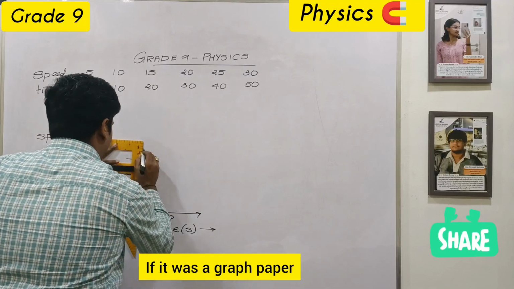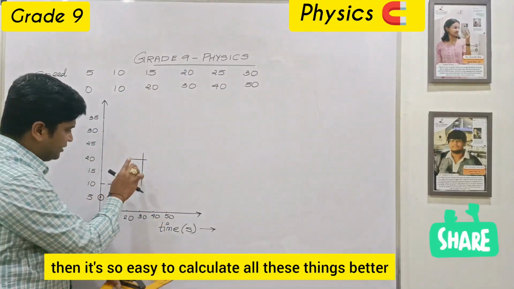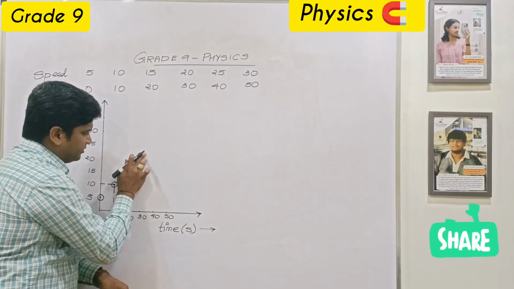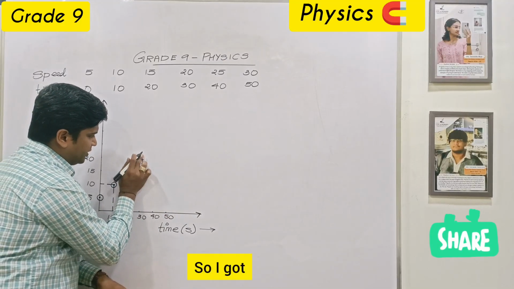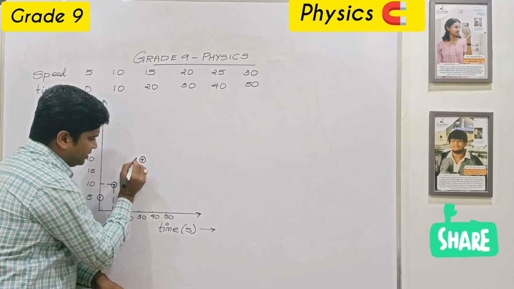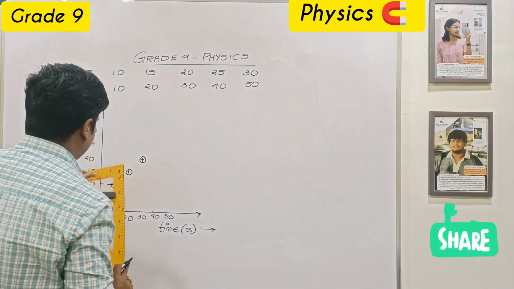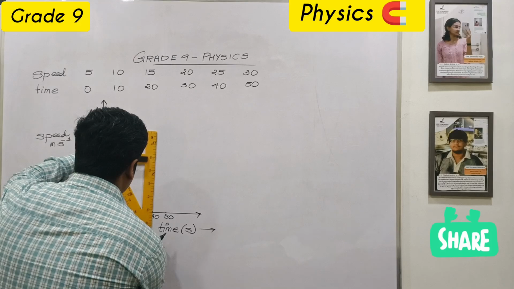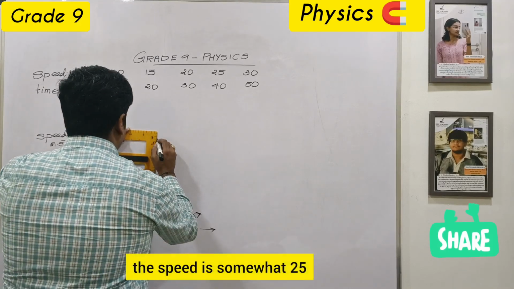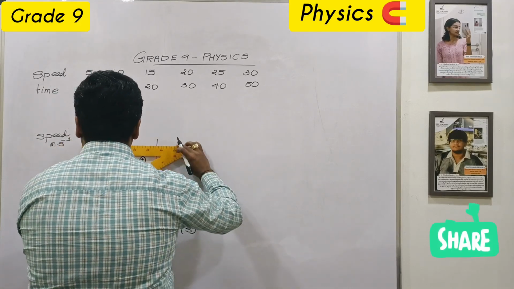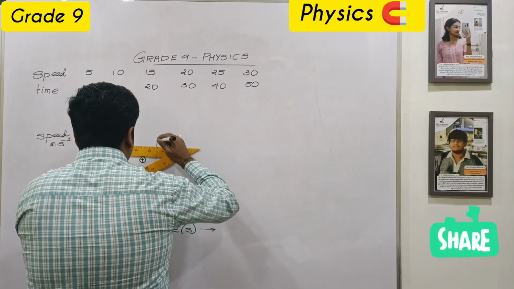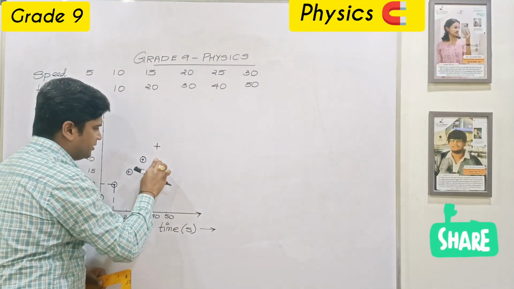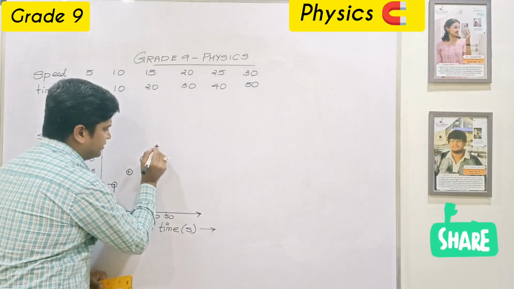If it was graph paper, it would be so easy to calculate all these things. So I got the next one. For 40 seconds of time, the speed is somewhat 25. I'll remove the excess part.